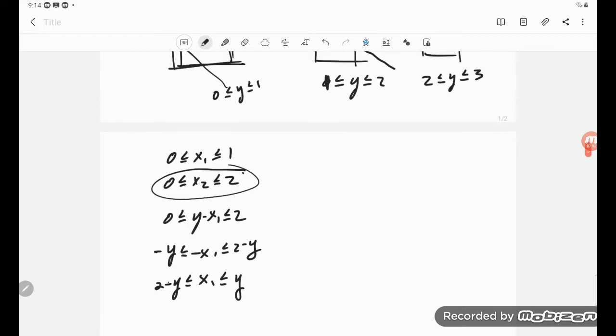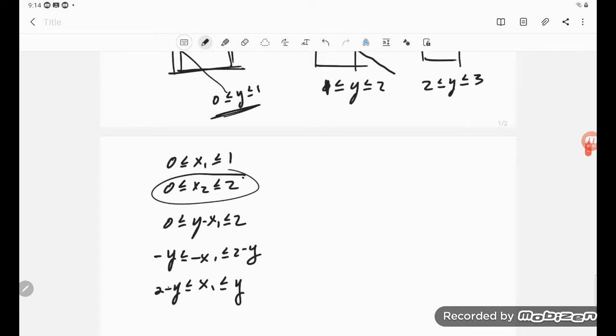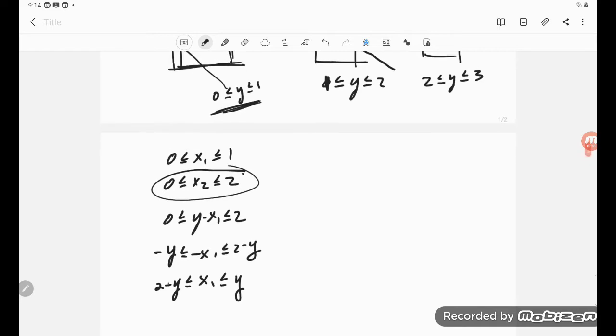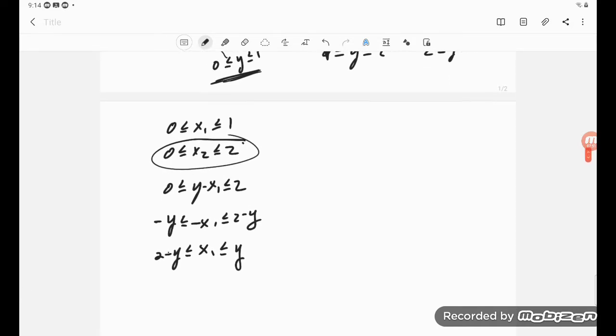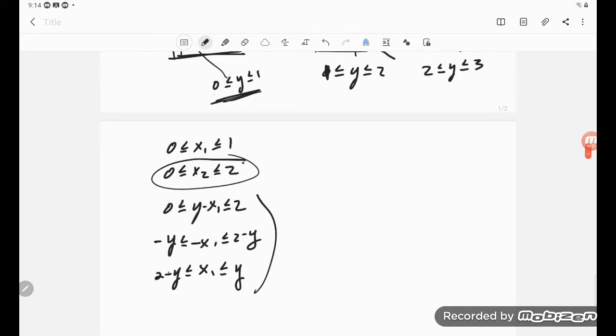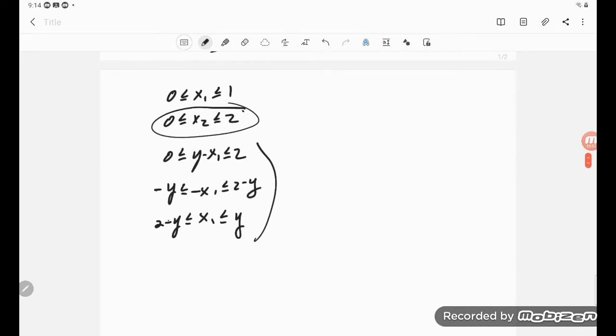Well, okay, y, we said in here, is between 0 and 1. And actually this calculation that I did here is going to carry through all of these, but in this case y is between 0 and 1.